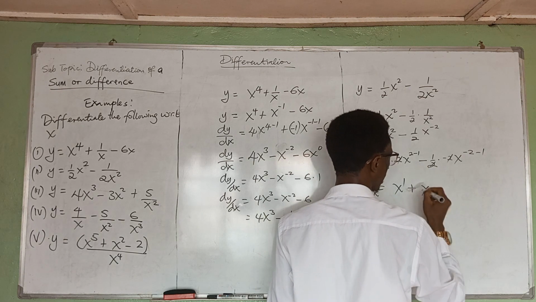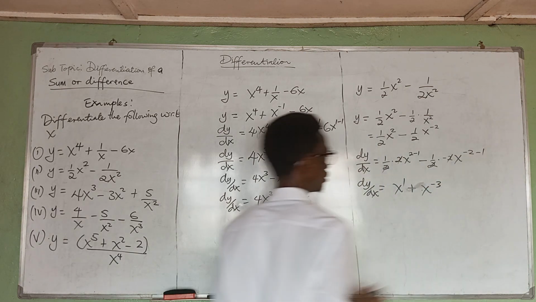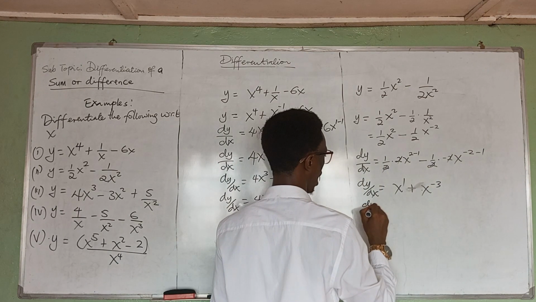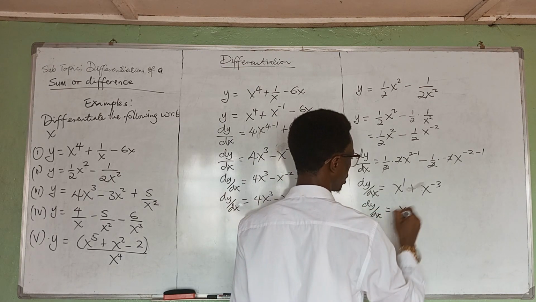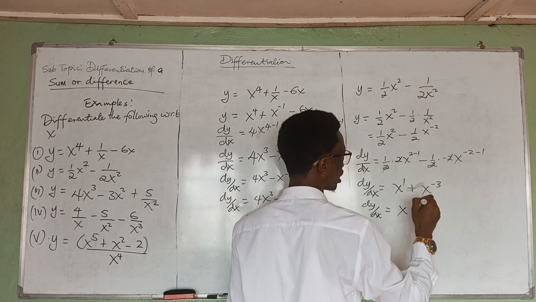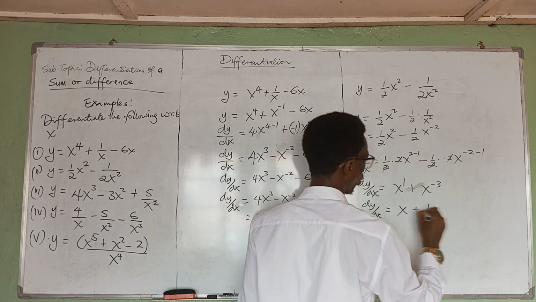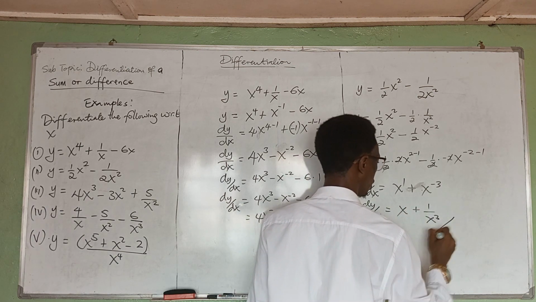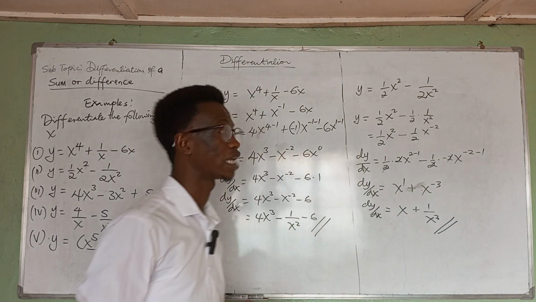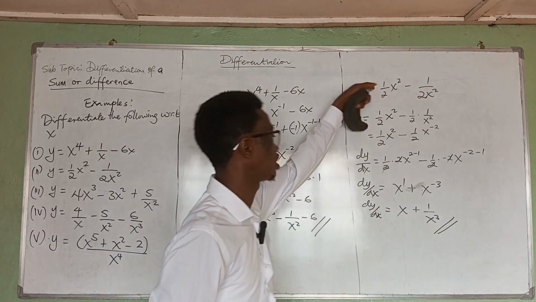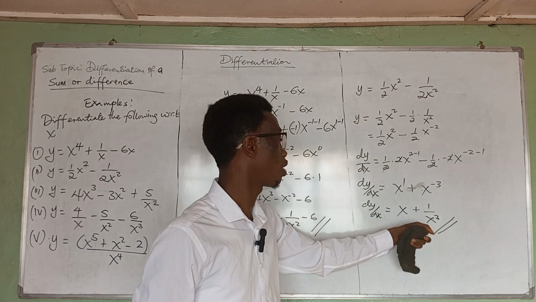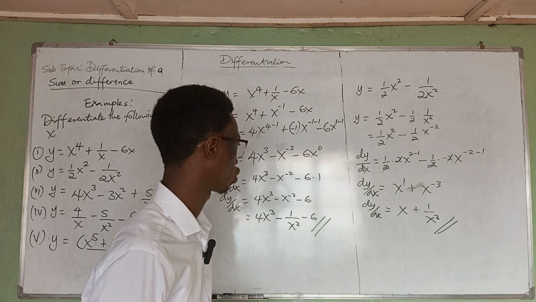And this is x raised to the power minus 3. So dy by dx equals to x, and this one we have to change again, so it becomes 1 over x cubed. So that's your answer. If you are asked to differentiate this, this will be your answer. That's the solution to that.